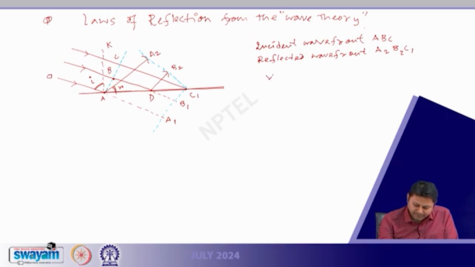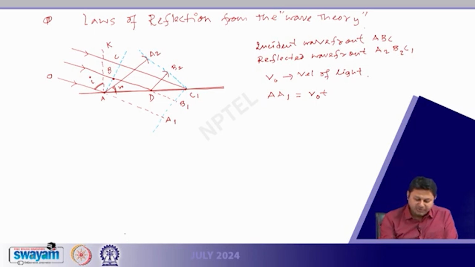If the light velocity is V0, so V0 is the velocity of light, then if you note carefully, A1, that is the length the light should propagate in absence of any boundary at some time t, will be V0 t.